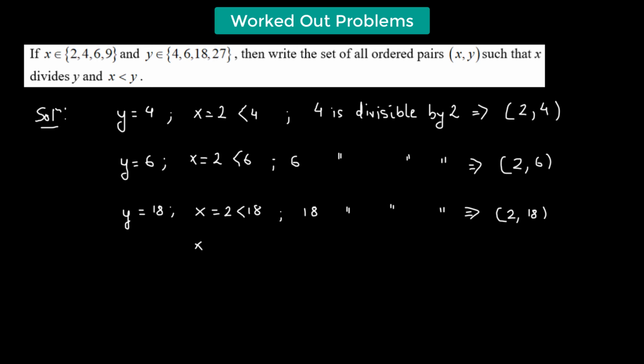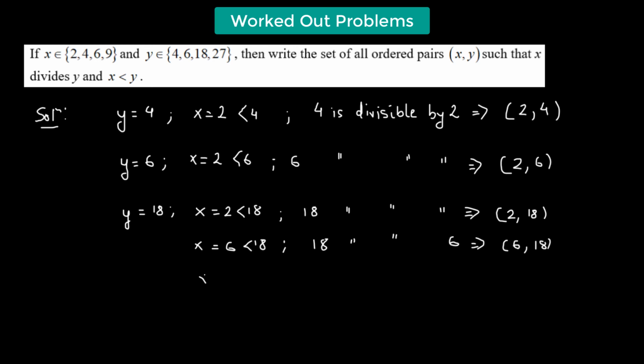Now 18 is not divisible by 4, so we have to skip it. Then we go to 6. Now 6 is also less than 18, and we know that 18 is divisible by 6. This time it's divisible by 6. So we have the fourth coordinate pair, which is 6, 18.